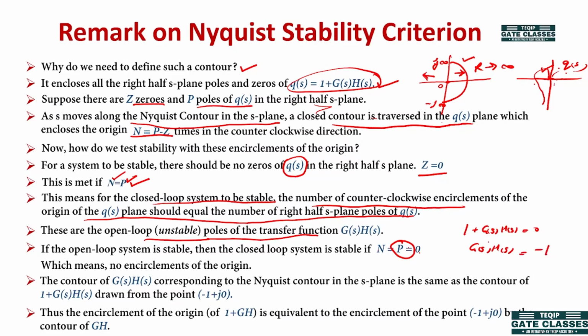Since S is a complex number, we can write G(jω)H(jω) equal to minus 1 plus j0. That's why we consider the open loop transfer function and circling this point minus 1 plus j0.